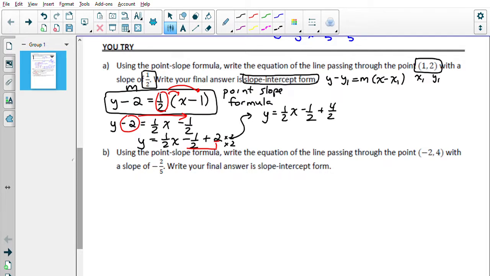And our last step then, now that they're the same denominator, we can combine those: 1/2 x plus 3/2. Minus 1 and plus 4, you can add those up and you get plus 3. And this is your equation of your line in slope-intercept form.